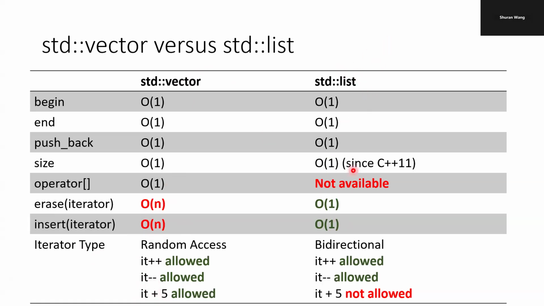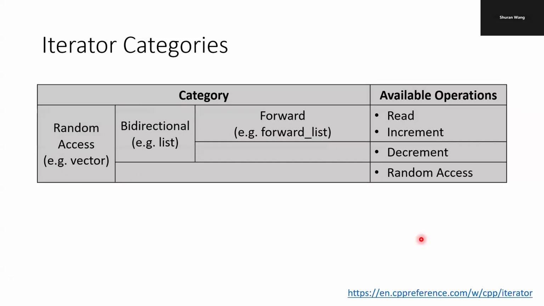For list, it's called a bidirectional iterator that can only do plus plus, minus minus, but not plus 5. There is also something called a forward iterator that can only do plus plus, not minus minus, like forward list. So when you're choosing which container to use, keep that in mind and only use those that have enough support for what you need.